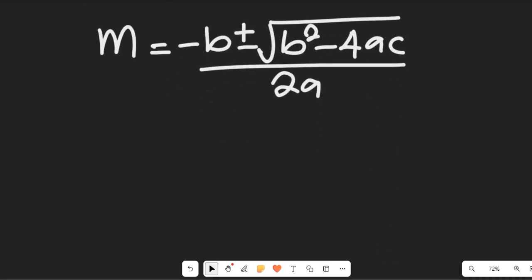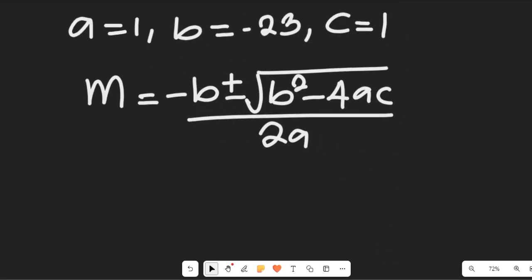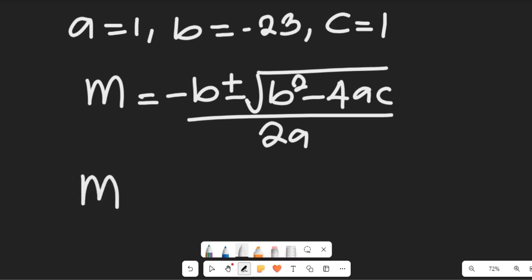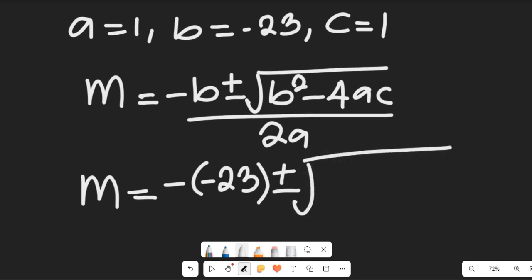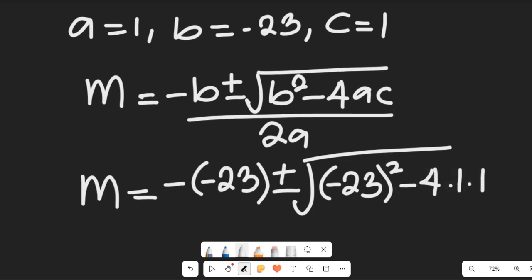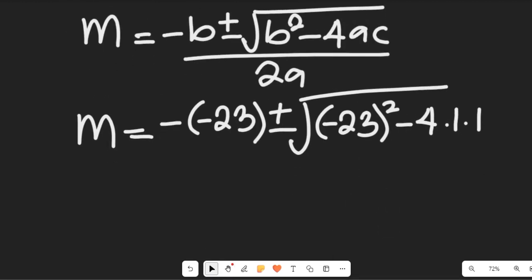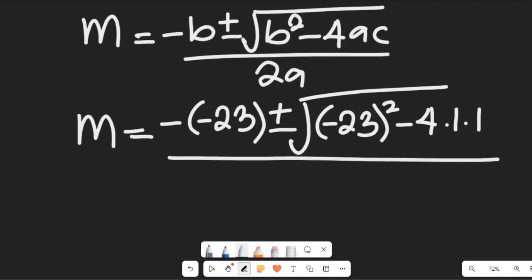Now, to simplify that expression, inputting the parameters, we'll have our m equal to negative multiplied by negative 23, plus or minus the square root of negative 23 all squared minus 4 multiplied by 1 multiplied by 1, and all this will be divided by 2 multiplied by 1.